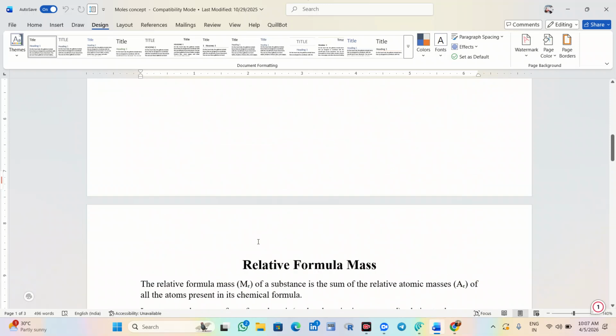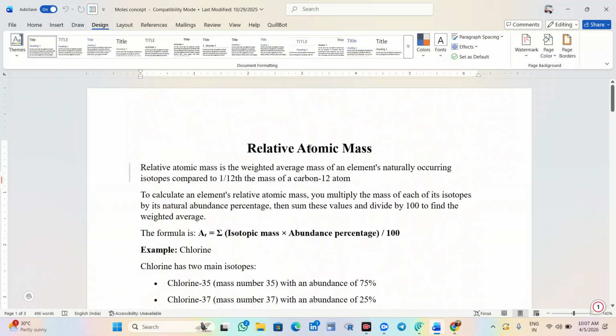See here, today, first, relative atomic mass. Just a minute, I will open my whiteboard.